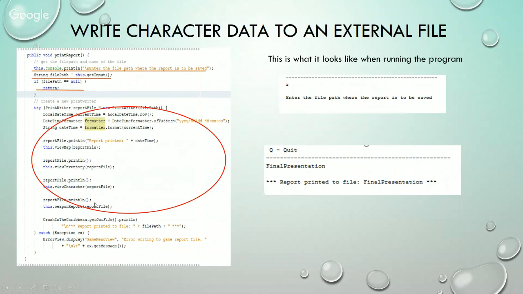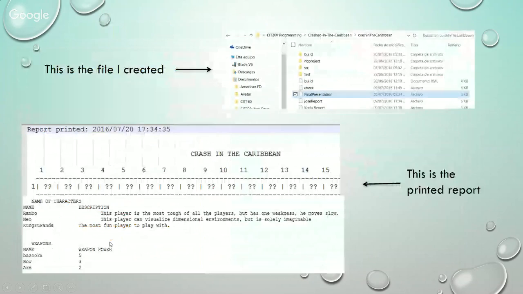It will look for errors, and if there are any errors, they will be caught, the exception will be thrown, and the error message will be displayed. In my case, there were no errors in my program. So this is the file that I created, the final presentation, and this is a part of the printed report.